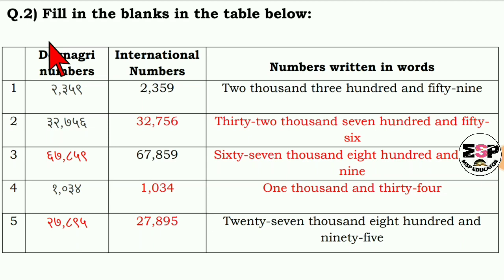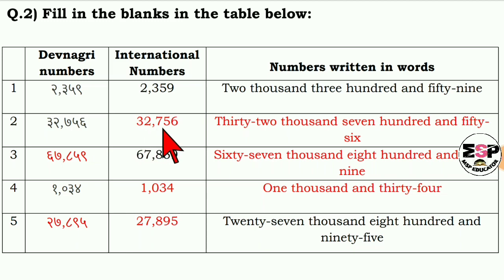Okay. So here the first example is solved for you. 2, 3, 5, 9. This number is converted into international numbers as 2359. And how to write this number? According to the places, you are going to read and write the number. 2359, right? Second example, 32756. Convert this number into the international number.